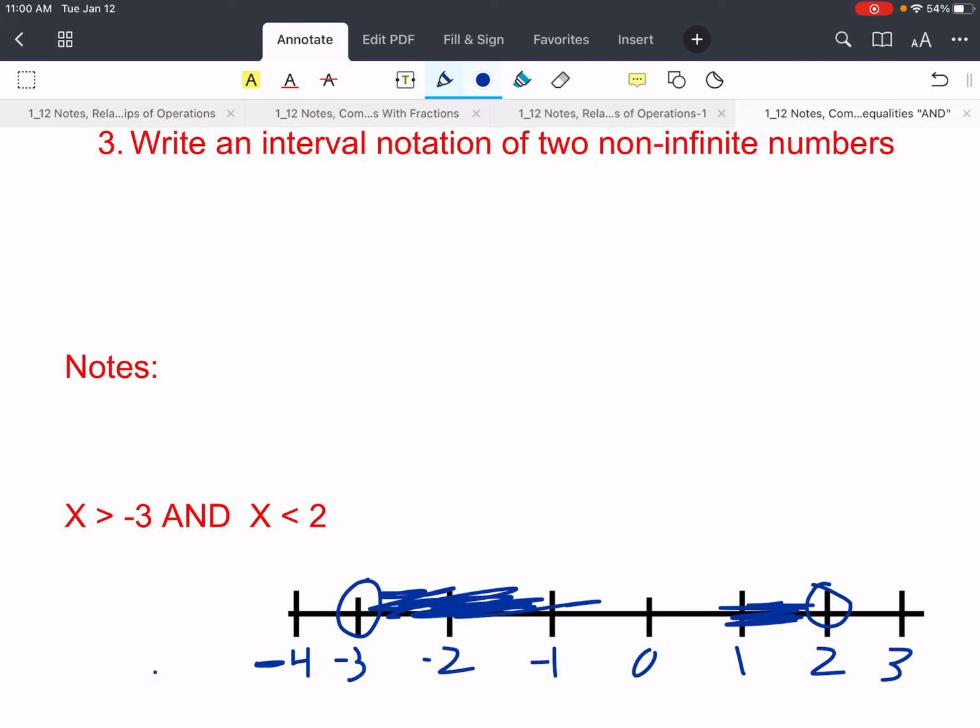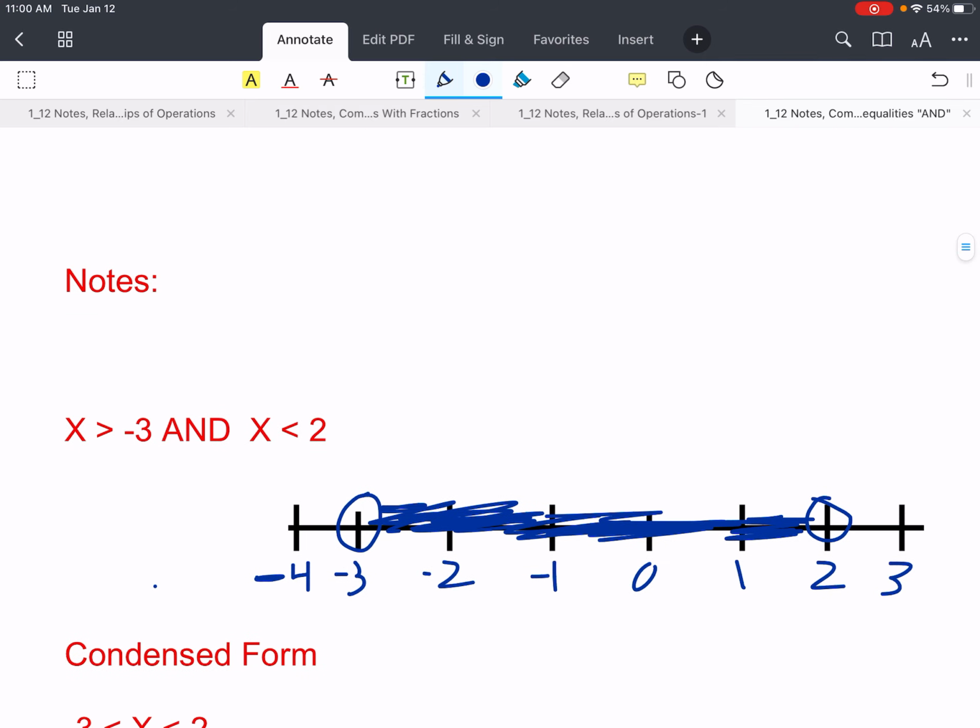So the only values of x have to be between -3 and 2. So because we have two rules, we have a smaller number pool. Technically, it's still an infinite number of numbers because we can go into decimals, but you can see that we can't have anything over here or anything to the right of 2.